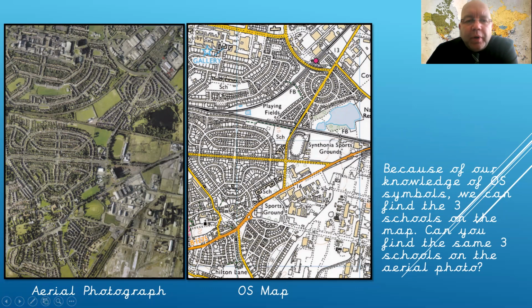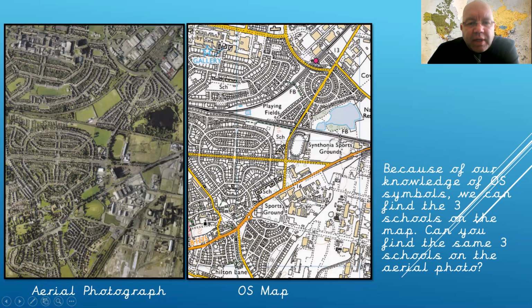Okay, well, first job, could you spot the schools? There they are on the map. There's one there, there's one in the middle, just here, and there's one down here. Now, if we track across to this space on the photograph, we can see that it's this area here. So I believe that this is the school building, and then these are the school's fields. It's this space here that's the first school.